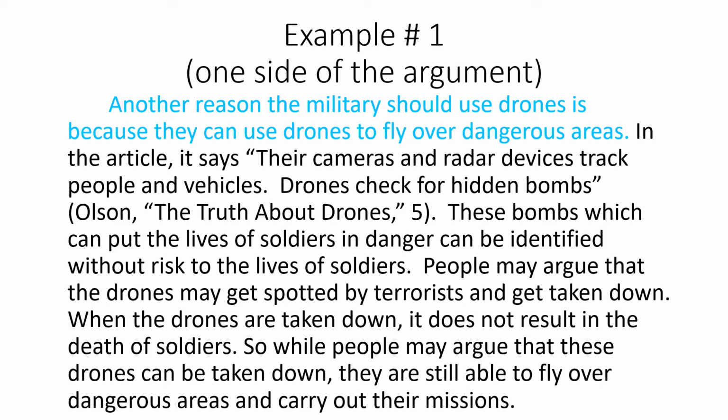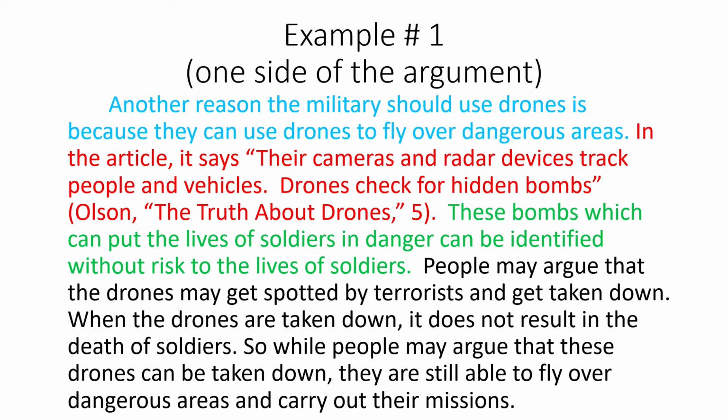So he listed his claim, which is the overall idea for this paragraph. Then, he supports his claim by citing evidence from the text. He says in the article, It says their cameras and radar devices track people and vehicles. Drones check for hidden bombs. And he cited the author's last name, the article title, and the page number.